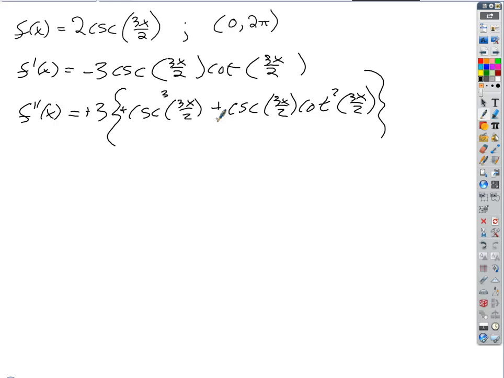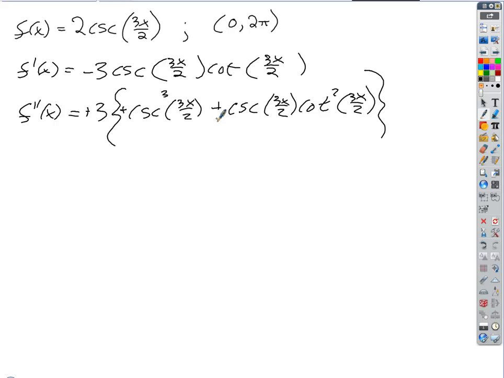Now we've taken our derivatives, so it's a matter of finding critical numbers. But before we do anything, we should determine where our function is defined, or more precisely, where it is undefined. We haven't done a lot of this yet, but the table makes this very clear.